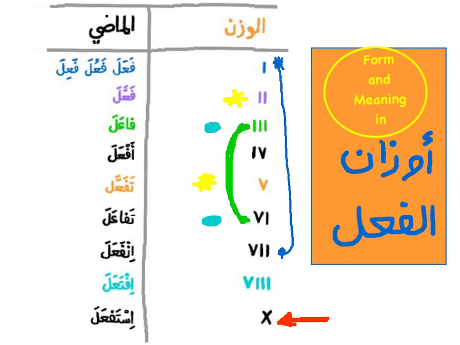In this chapter, we're going to pay close attention to the pairs 1 and 2, 2 and 5, and pay close attention to 1 and 7.